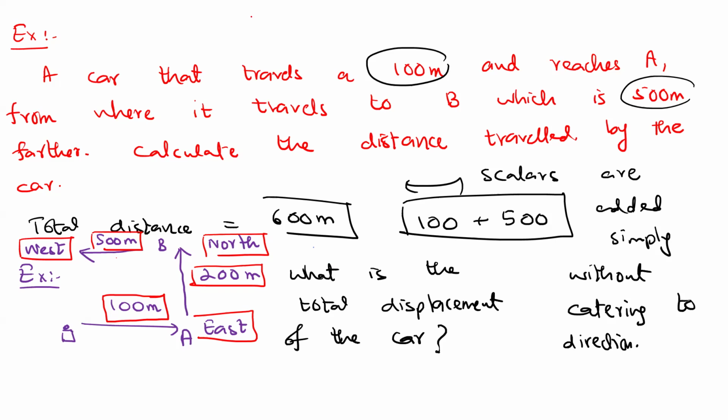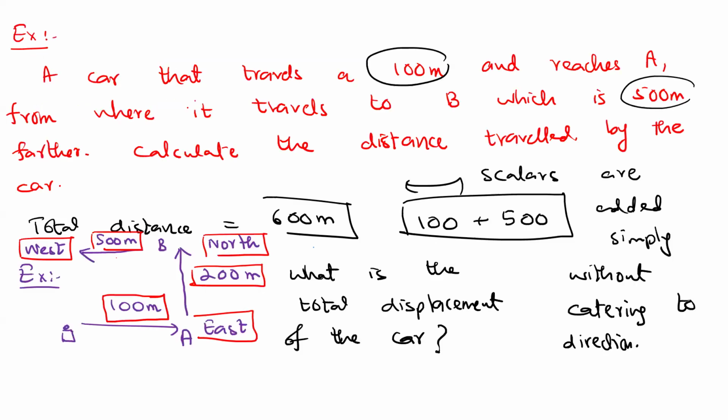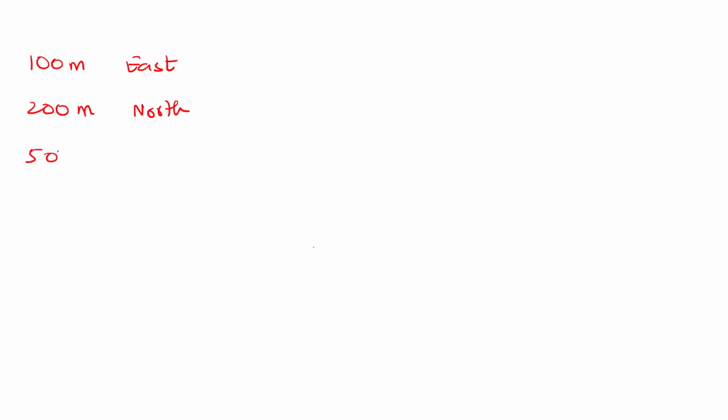Okay, so in order to solve this question, which says 100 meters east, then it says 200 meters north, then it says 500 meters west. So first of all, we have to decide a scale.